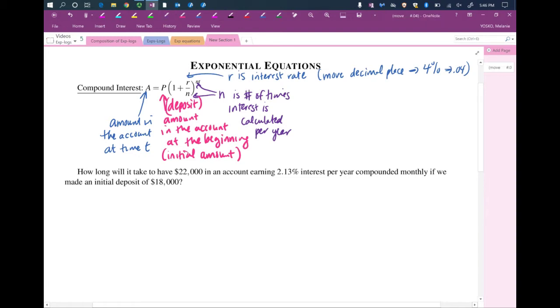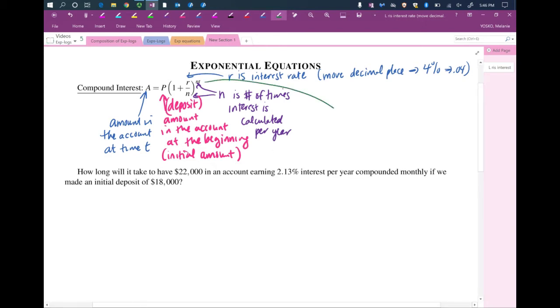If interest is calculated every month, or compounded monthly, then N is 12. If the number of times interest is compounded is weekly, so compounded weekly, N equals 52.